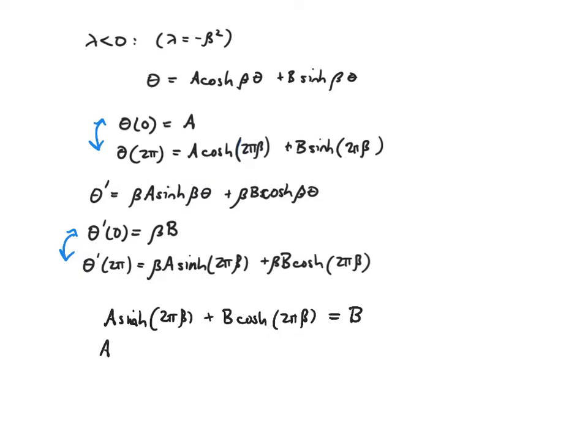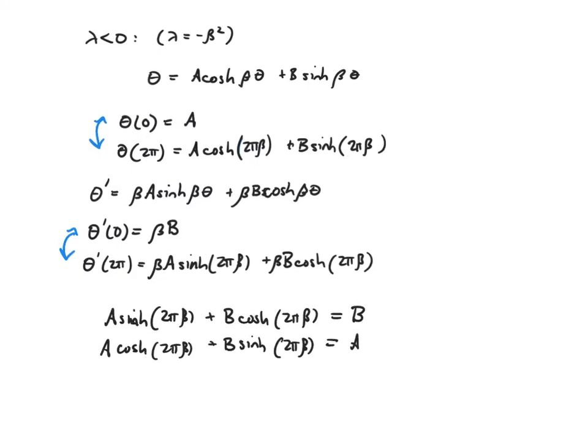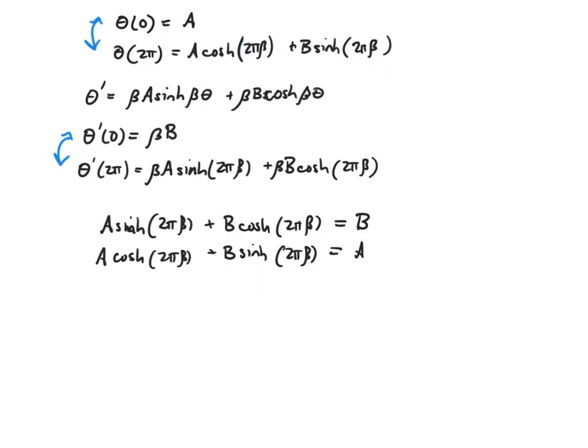A cosh 2 pi beta plus B sinh 2 pi beta is equal to A. And we're looking for a non-trivial solution here. The trick is to add and subtract these two equations to obtain two new equations.